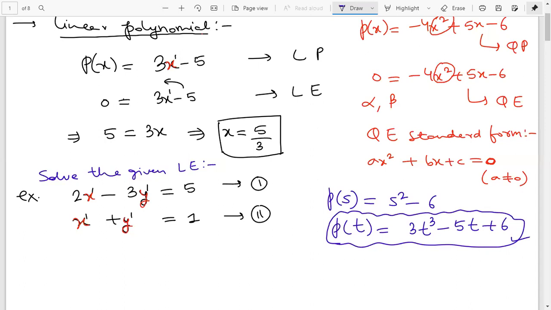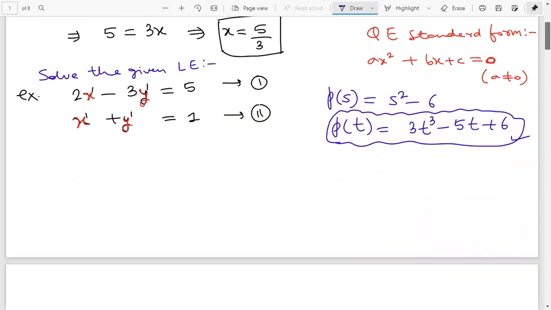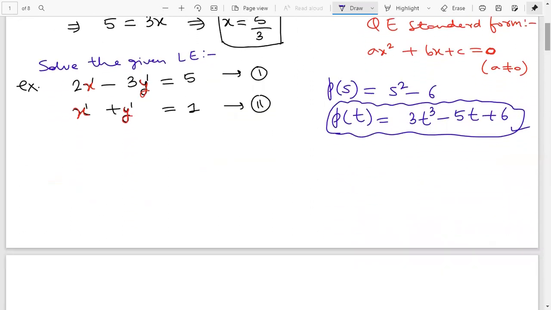So my question is how to solve, and what we mean by solving these types of linear equations. Solving these linear equations basically means finding the values of x and y.